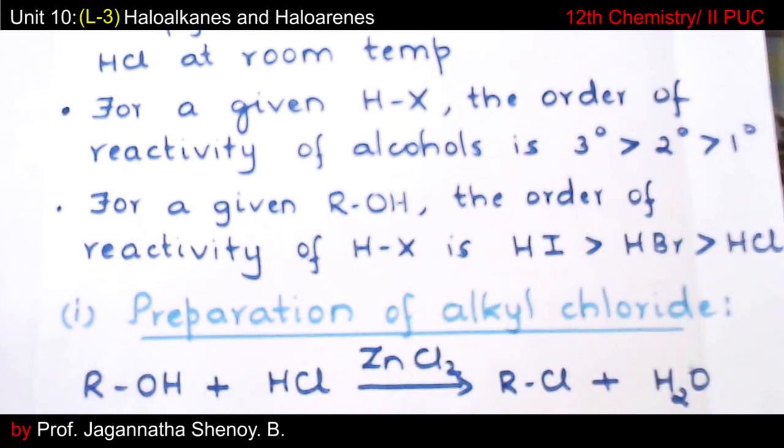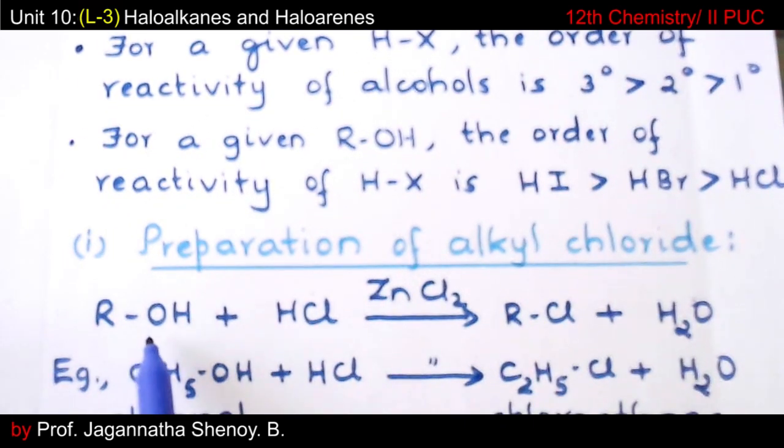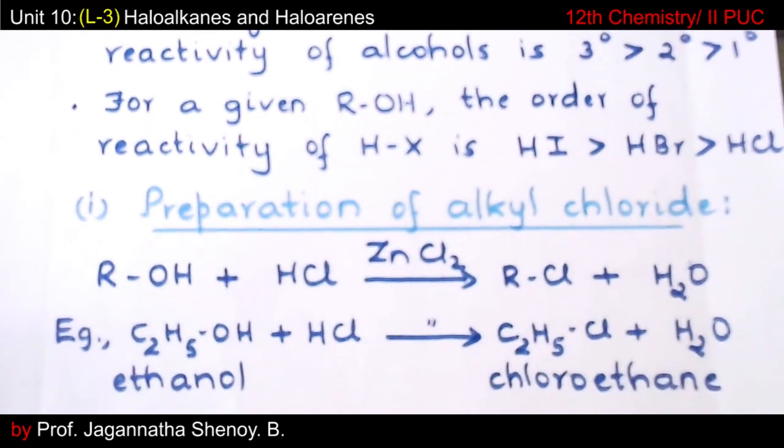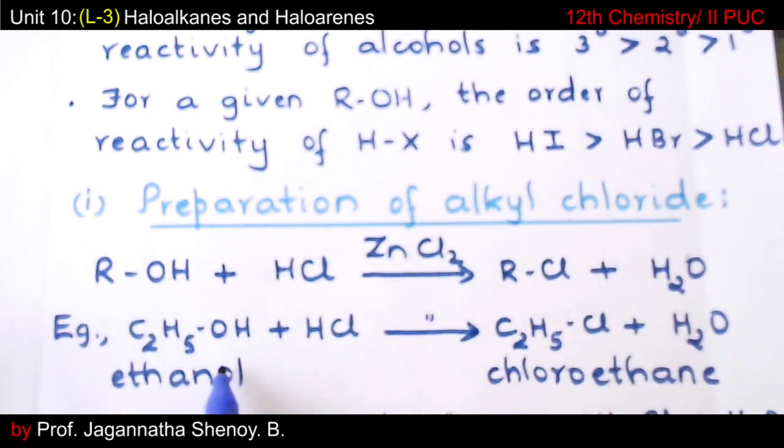Now, let us go to prepare a particular alkyl chloride. For that, I'll start from alcohol, treat it with HCl in presence of zinc chloride. We get alkyl chloride RCl plus H2O. Generally in the examination, they will ask you a specific conversion. In order to show that, I'll start from ethanol, where R group is C2H5.